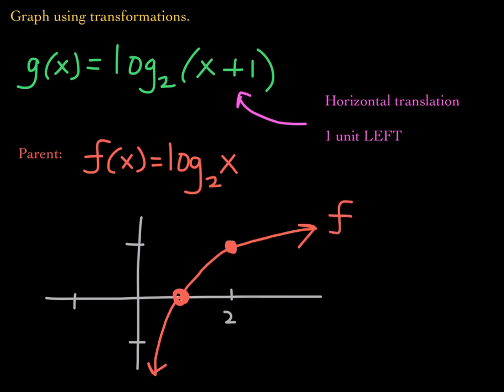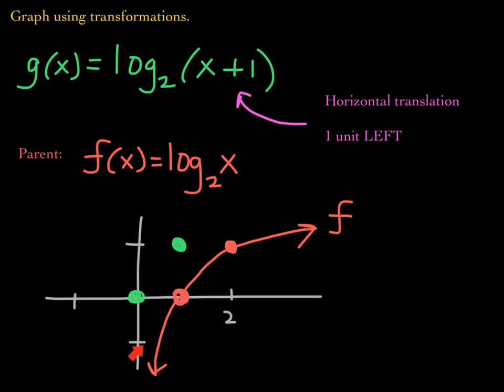All I need to do to get the curve for function g is to move 1 unit to the left. That's fairly simple. If I move this point 1 unit to the left, it's at the origin. If I move this point 1 unit to the left, it's at 1, 1. Now before I draw the curve, I want you to notice that the asymptote used to be here, the y-axis for the parent curve.